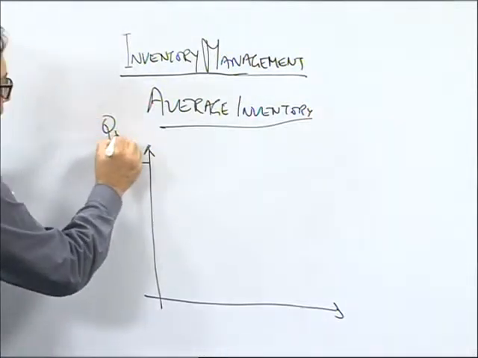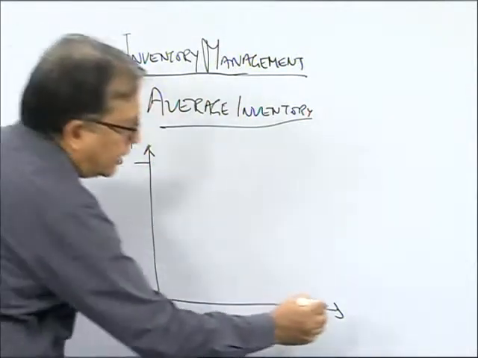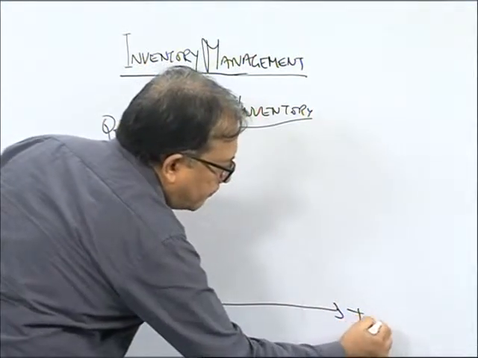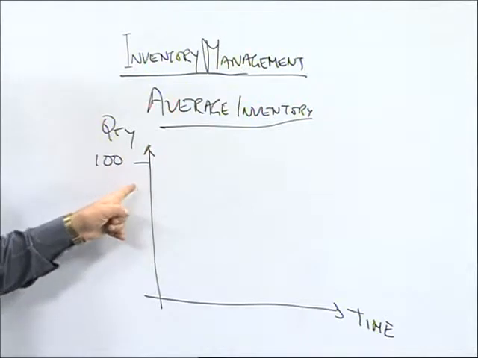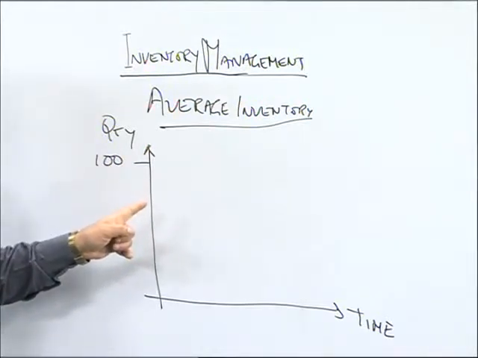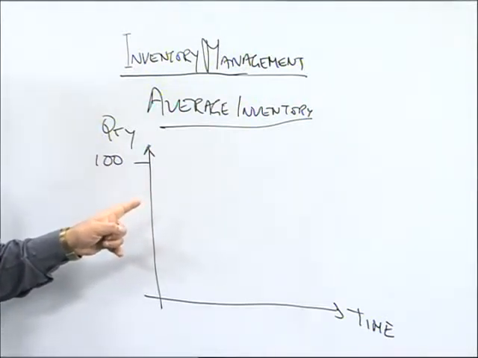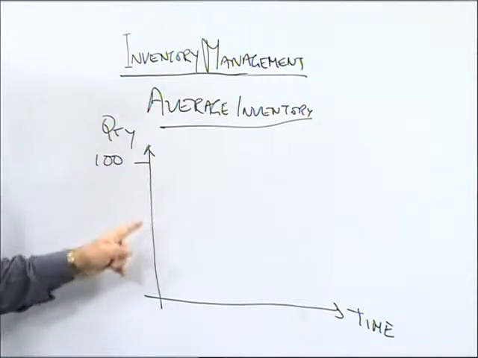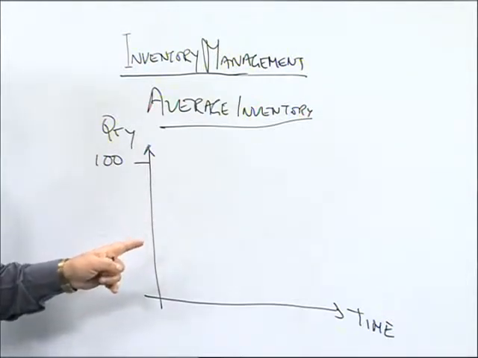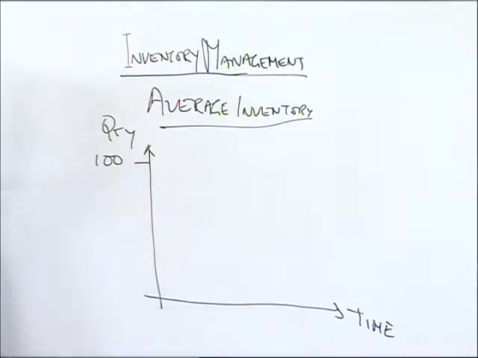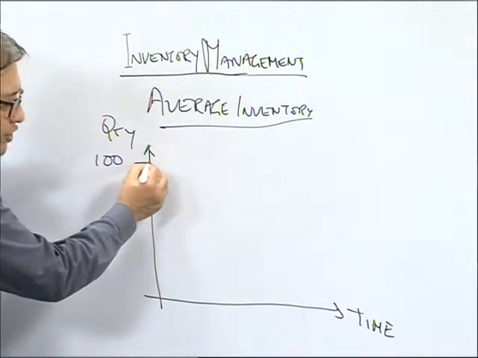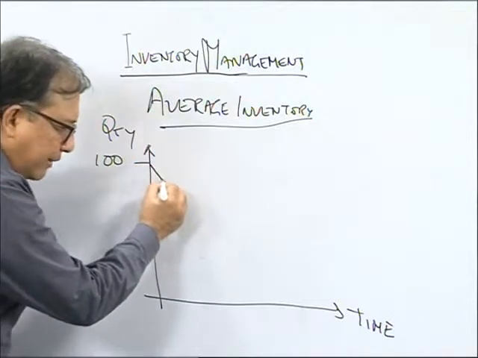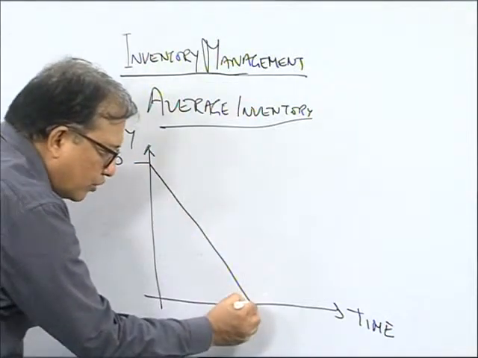This axis is quantity and this is time. Once he has ordered these 100 pairs of jeans, what is he going to do next? He is going to sell these 100 pairs of jeans every day, every hour, and so on. So with time his inventory is going to reduce and ultimately come to 0.